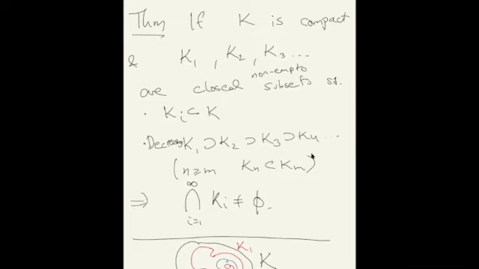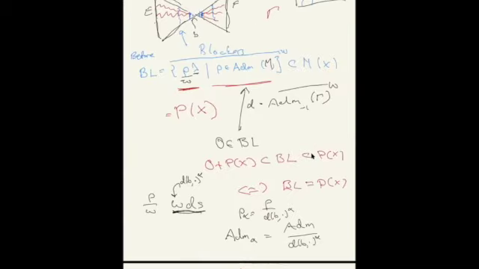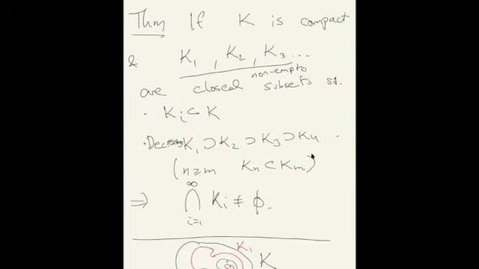So how to state this rigorously: if K is a compact space, and if you have a sequence of closed non-empty subsets, such that all of them are subsets of K. So this is the first condition. And then the second condition is that they form a decreasing collection.